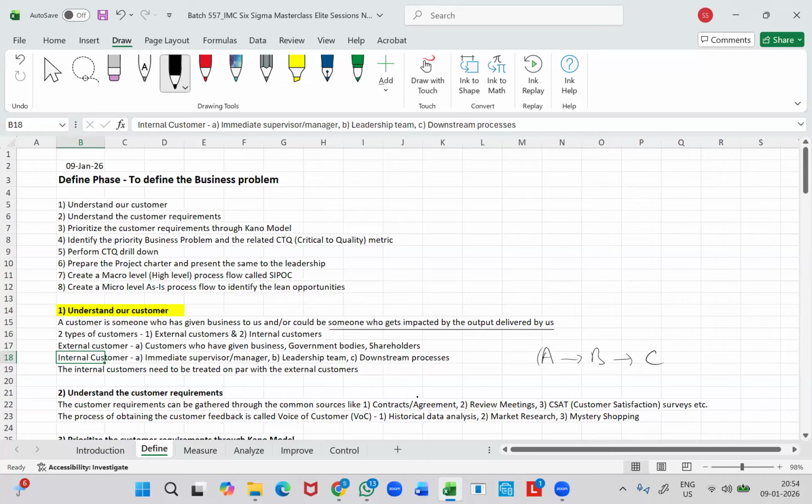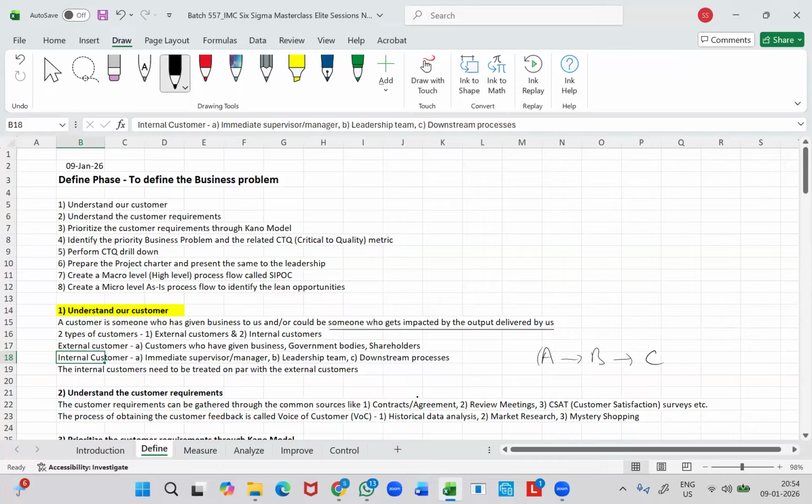So C is going to get impacted by the quality of output delivered by B. So hence B will have to treat C as his internal customer. If only the upstream processors are going to treat the immediate downstream processor as their internal customers, we will not face lots of quality issues in our processing team, right?